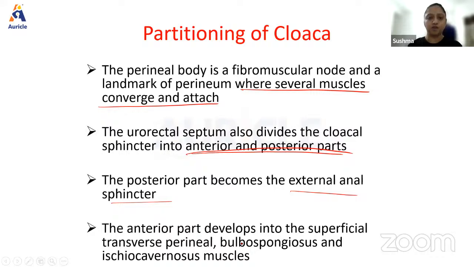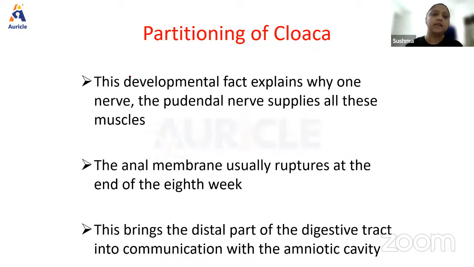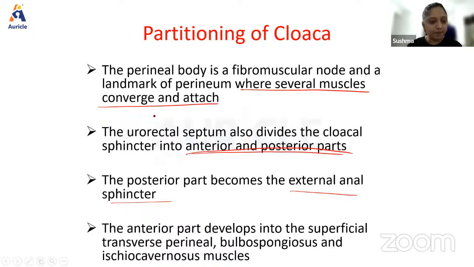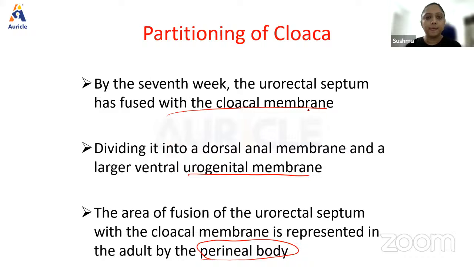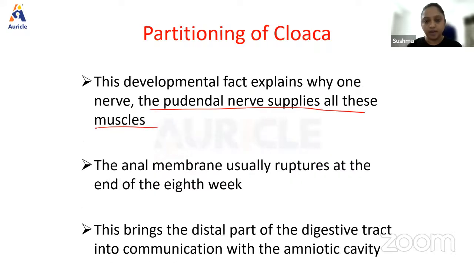Not very important for you guys. This developmental fact explains why one nerve, the pudendal nerve, supplies all these muscles. Because what is the parent? It is the urorectal septum, which is fused with the cloacal membrane. So all of these muscles are supplied by the pudendal nerve.